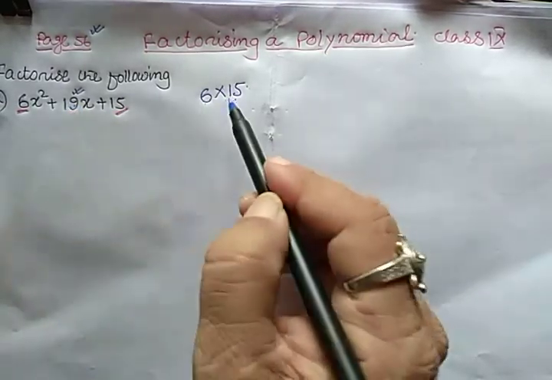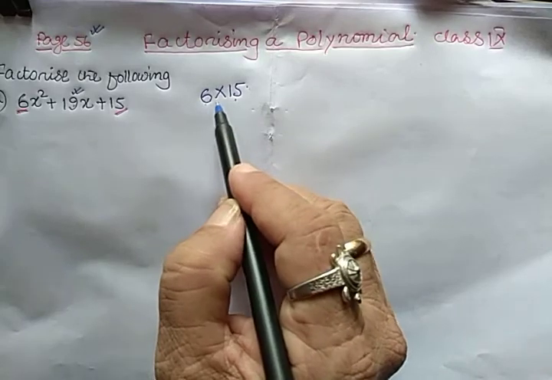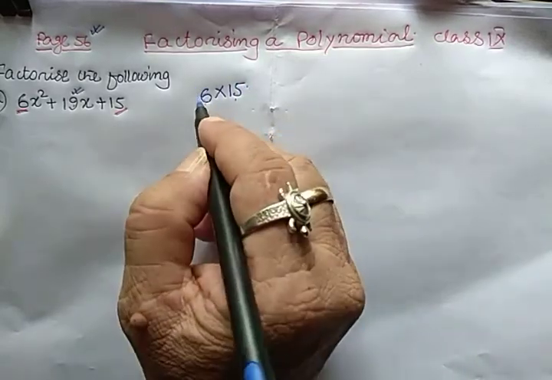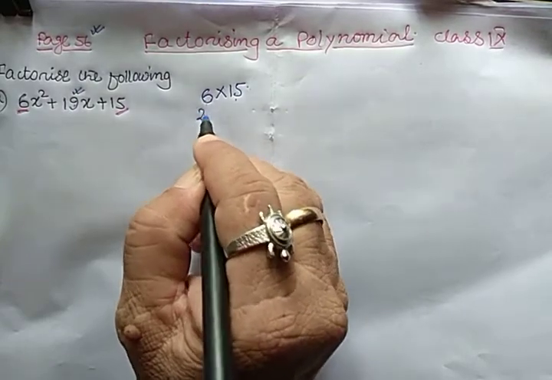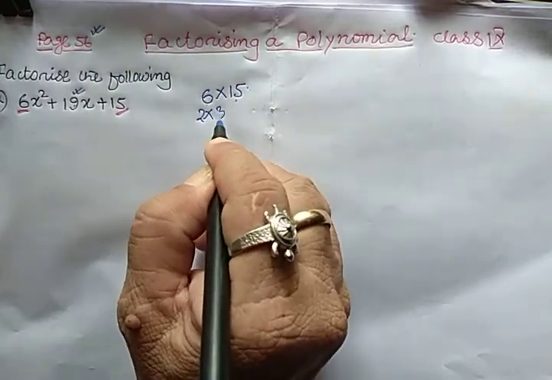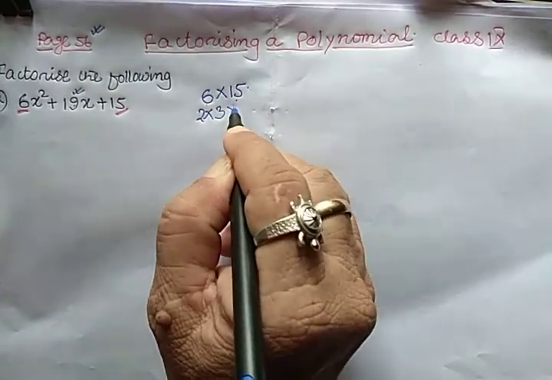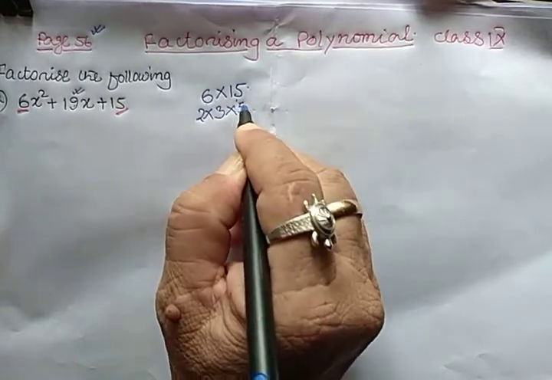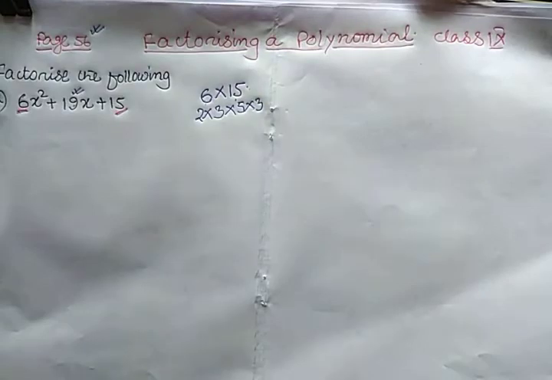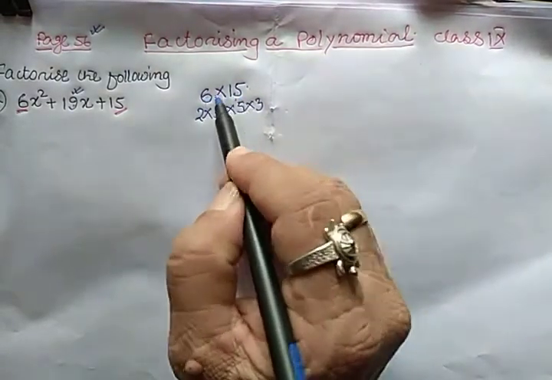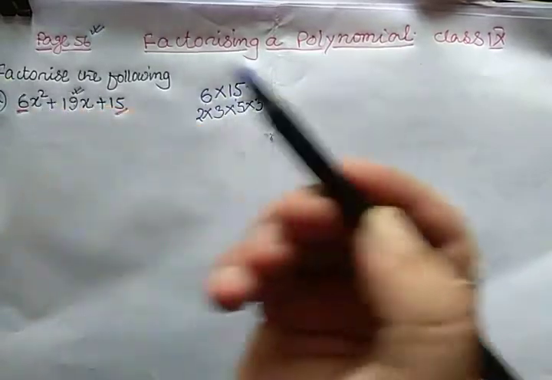Like that, you should break this 6 and 15. So what are the factors of 6? 2 into 3. What are the factors of 15? 5 into 3. Clear? If you add 6 and 15 you cannot get it, because it's 21.